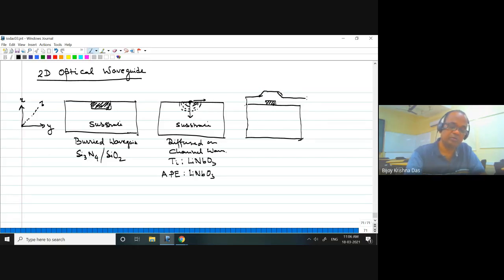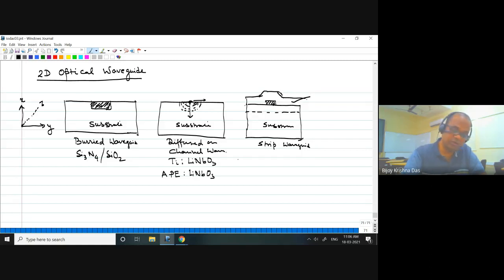This can be a substrate, and maybe you can have some other material in between with lower refractive index, and then you have another material on the top with higher refractive index, and that will be the core. That type of waveguide is called a strip waveguide. The upper cladding can be air also.